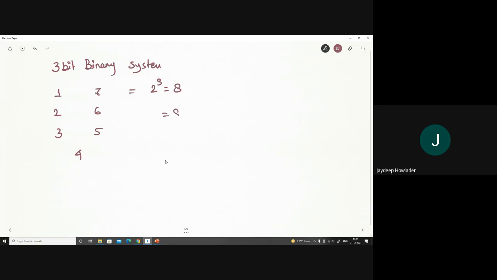This is also 8, this is also 8, and this is also 8. So these pairs are complements. We say that 1 is the 2's complement of 7, or vice versa, 7 is the 2's complement of 1. Do you get this point?